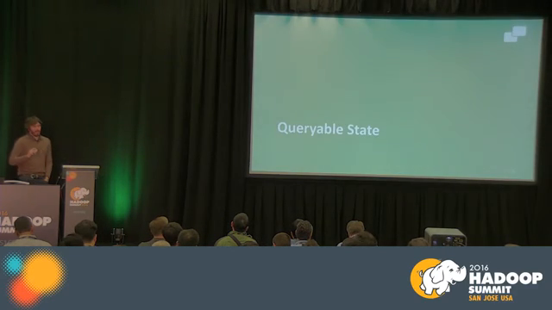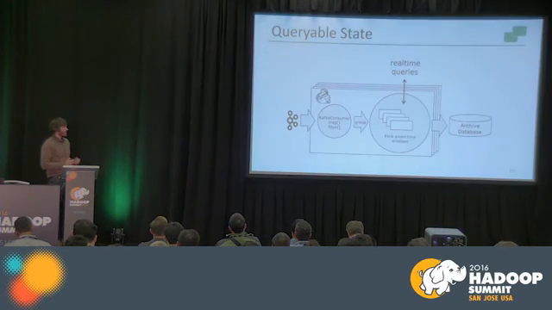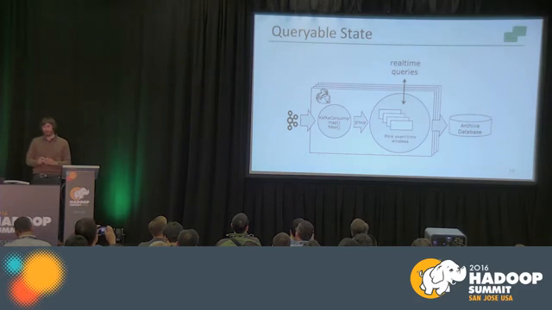So the idea that we had back then was something we called queryable state, and it's the theme for this talk, the stream processor as a database. The idea of queryable state is actually very, very simple if you think about it.